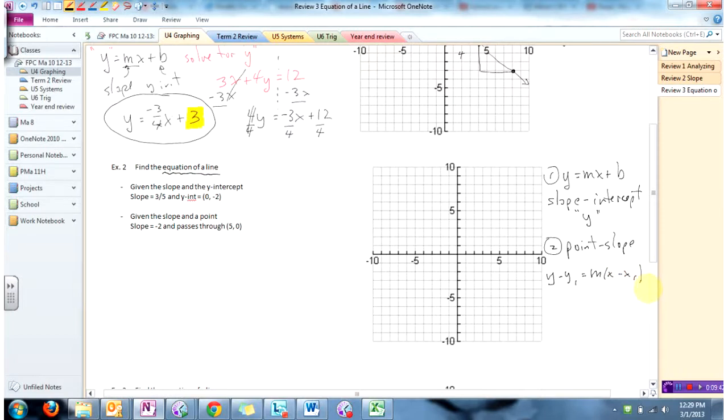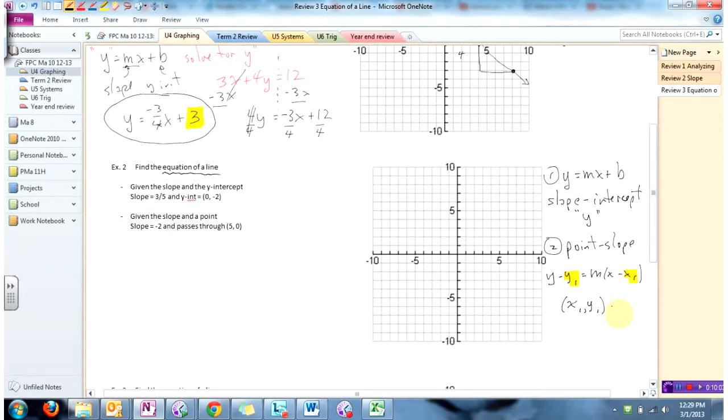And remember we talked in class, we said that, well, we know what m is, but why is there a y1 and an x1? And we said that the ones represent the fact that this is referring to an actual pair of numbers, coordinates, that you will need to plug into this equation.